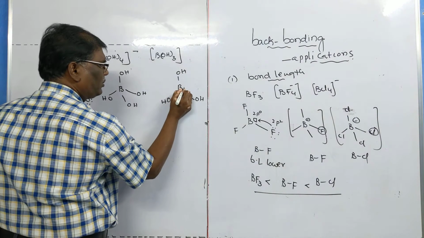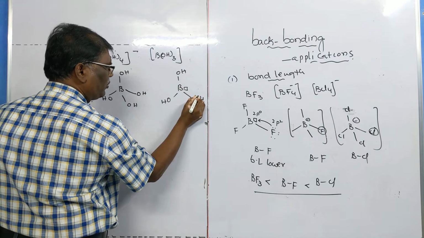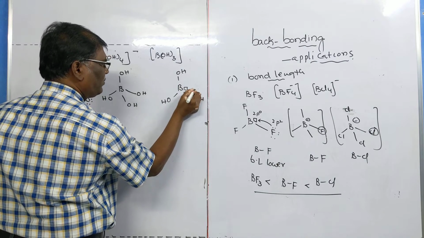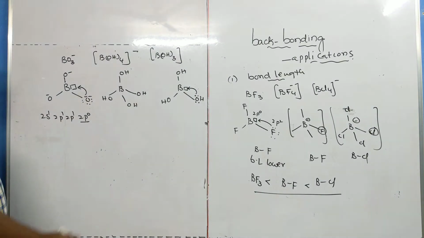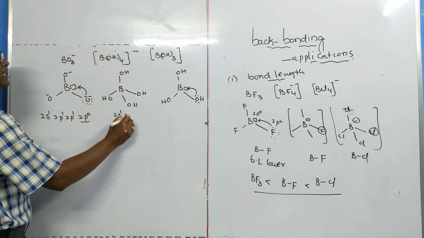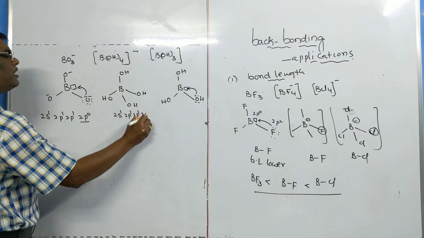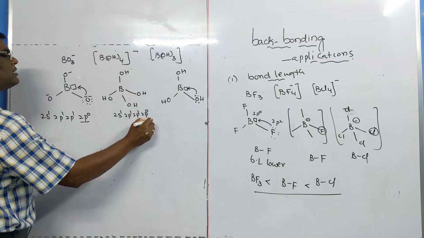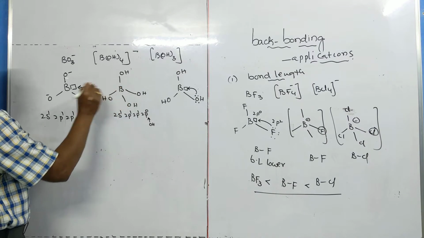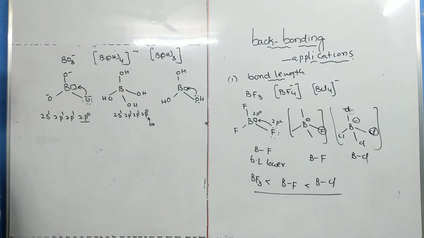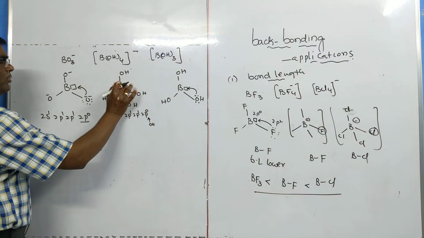Similarly here also back bonding is found. Whereas in BOH4 minus back bonding is not possible, because all orbitals are already used for bonding; this is a kind of dative bond.